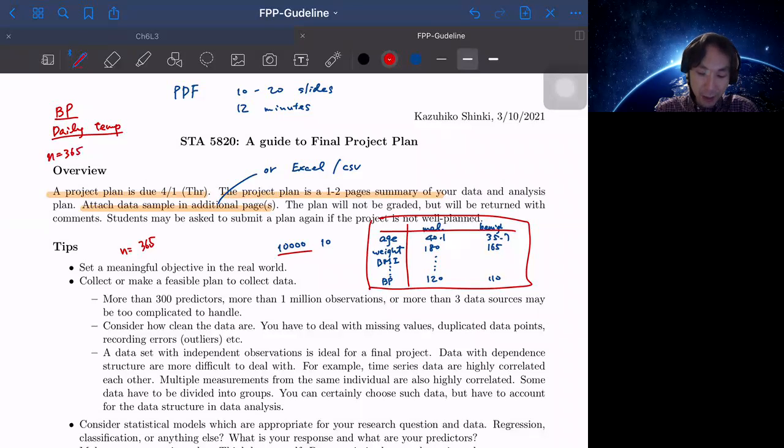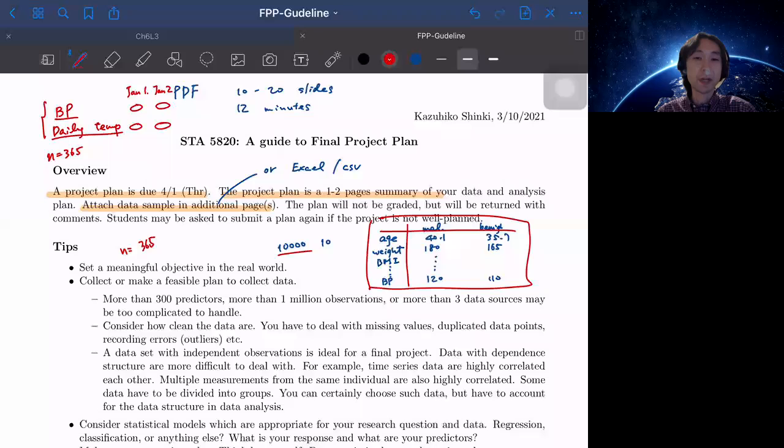But if we think about January 1st and January 2nd, then probably your blood pressures are somewhat similar and the daily temperatures are also somewhat similar. So even if you have 365 observations for these two variables, we cannot deal with those observations as independent observations.